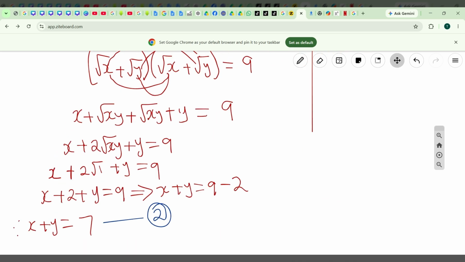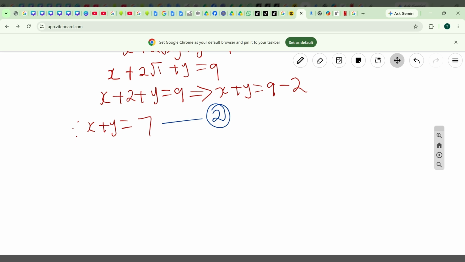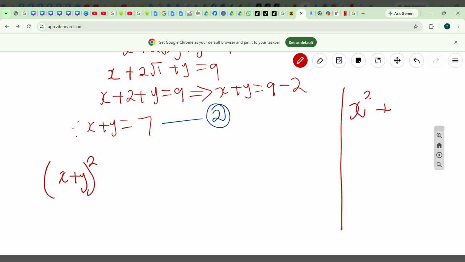We're going to recall an identity: if you have x plus y all squared, because I want to have x squared plus y squared, I want to find what that is. So that's why I'm introducing this identity. So x plus y squared, we recall that it is equal to x plus y, x plus y.